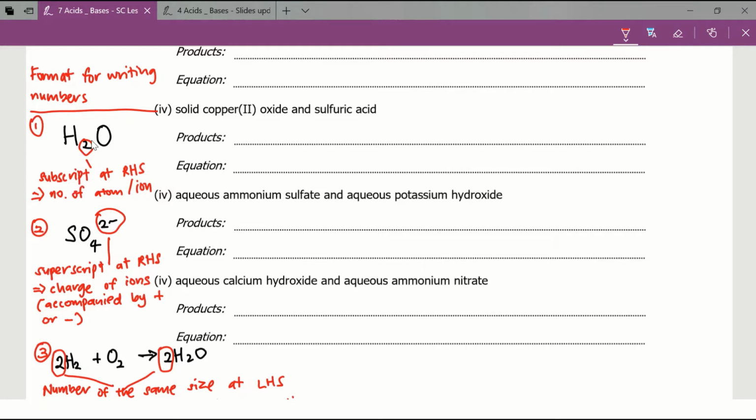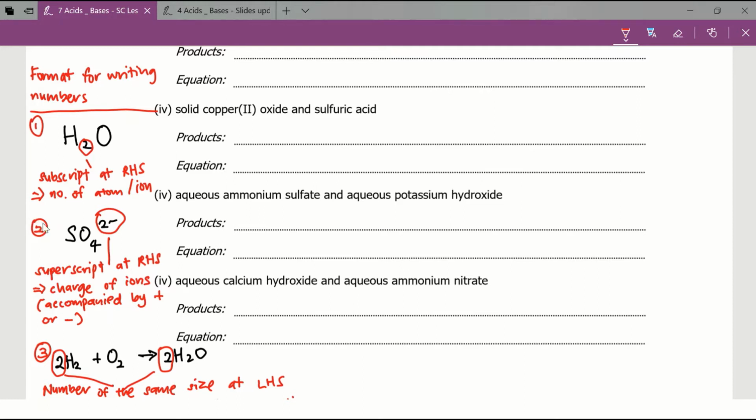What does a subscript mean? It means that it has that certain number of atoms or ions. In this case, there are two hydrogen and just one oxygen. There's no need to write a one. If there's no number there, we understand it as one of it.